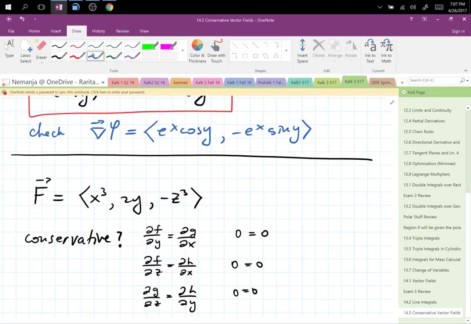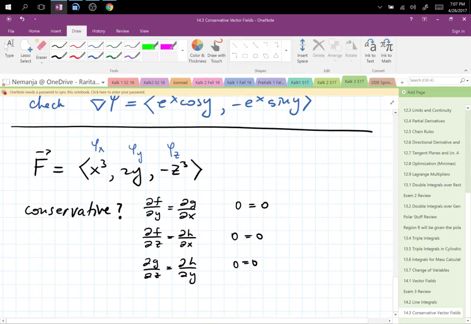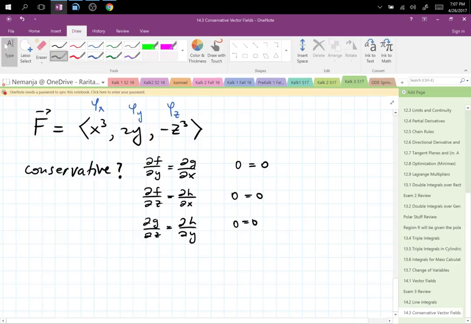Let's go have fun. Phi x, phi y, phi z. We start by integrating phi x. Why don't you start with the 2y, because you just go to y squared when you integrate it. It'll be a lot easier. It doesn't matter.